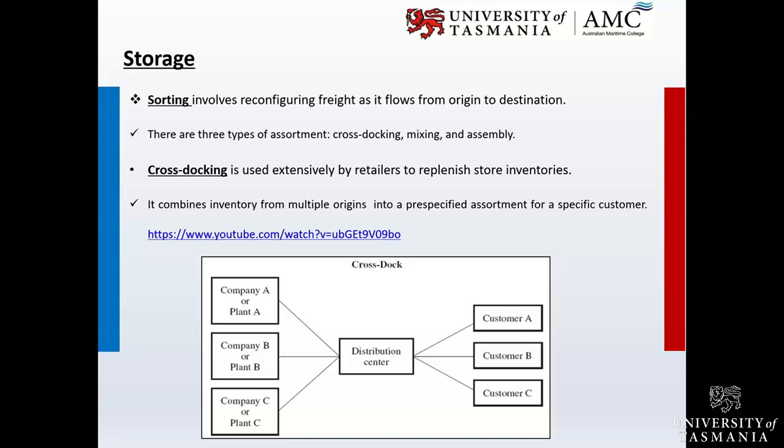And we find shipments are from different origins. Here, plant A, B, C. When the distribution center receives orders or receives shipments from plant A, B, C, they will be delivered to customer A, B, C in different destinations.